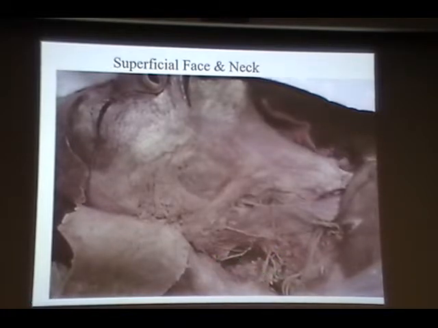Okay. Can you go to the spinal accessory again? Yeah. So right here, that's the spinal accessory, whereas this is a supraclavicular. This is a transverse cervical. Here's great auricular.